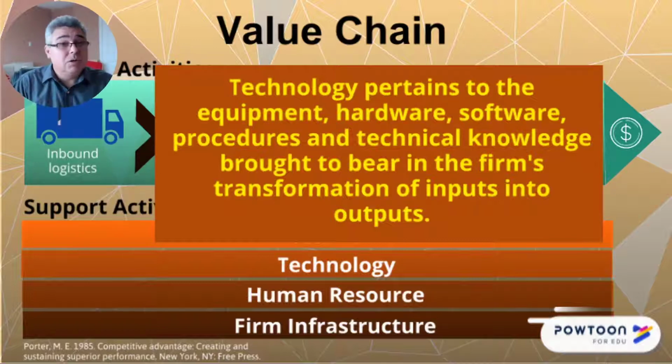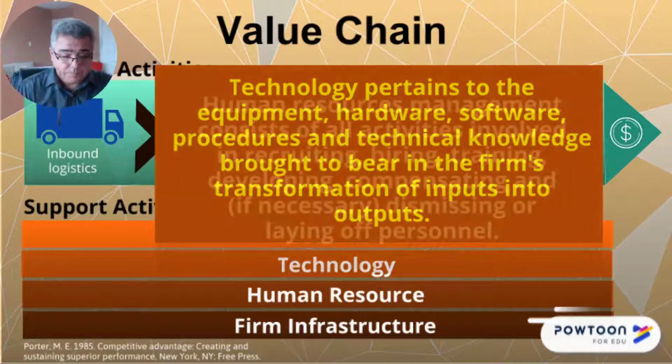So technology goes all the way from manufacturing technology, information technology, communication technology. So there is a wide field of resources that the company should have and should know how to operate in order to compete in the business market.